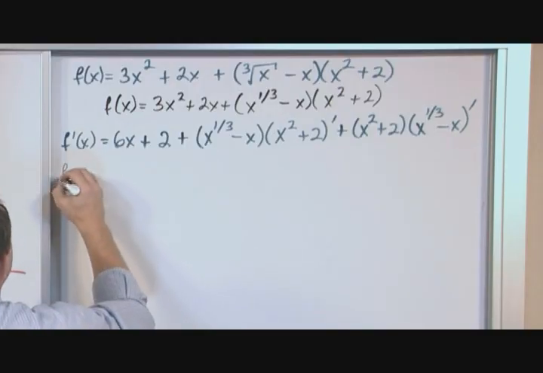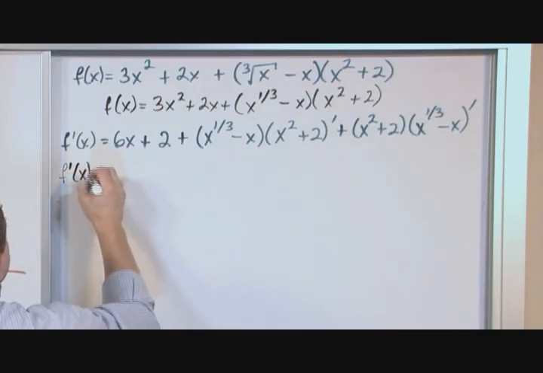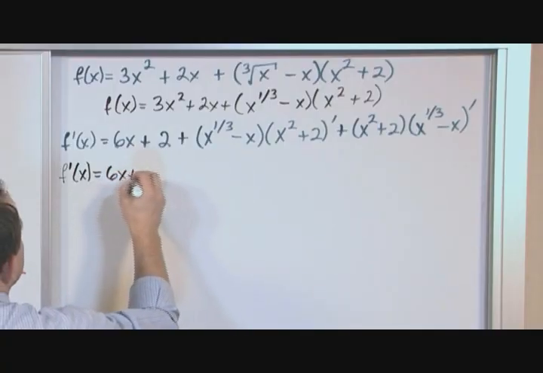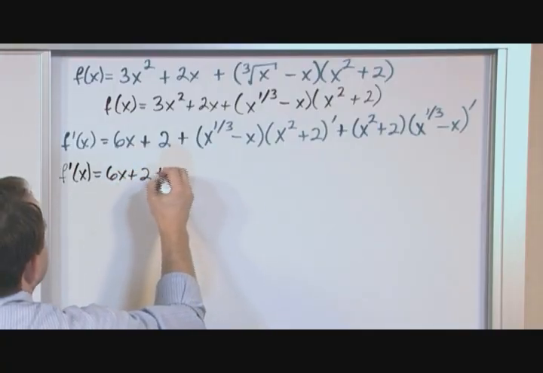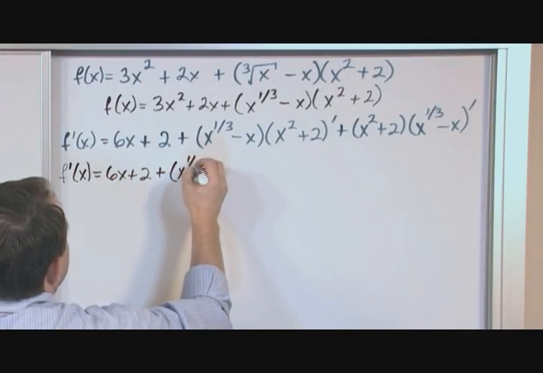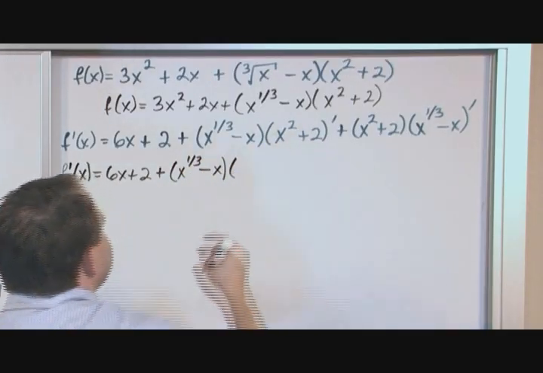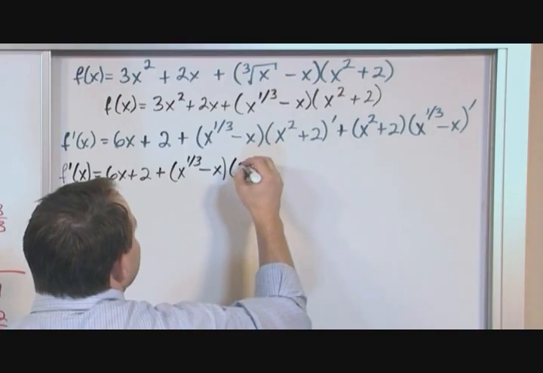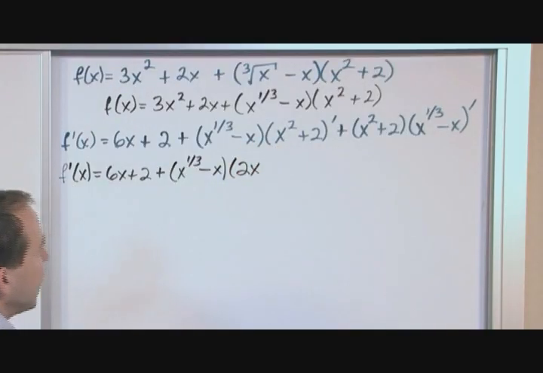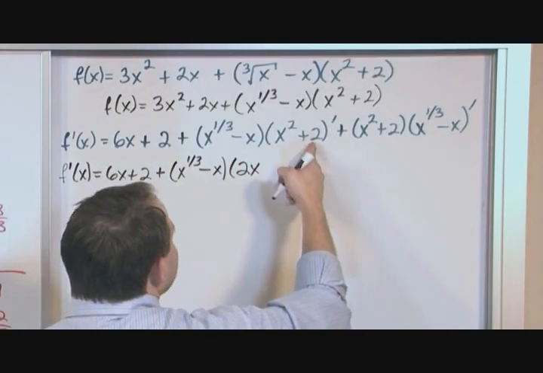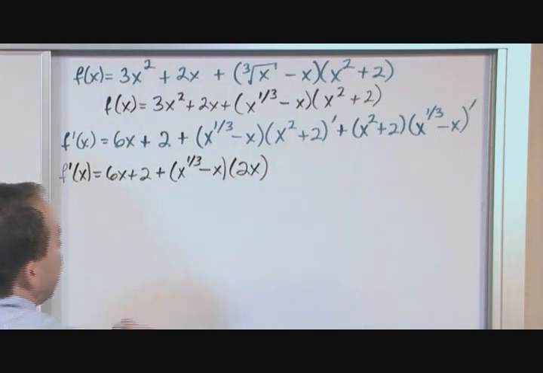So f prime of x is equal to 6x plus 2 plus x to the 1/3 minus x. How do I take the derivative of this? X squared, take its derivative is 2x. I think we've done that enough times that you can see that. Derivative of 2 is just 0, so that's all I have here.